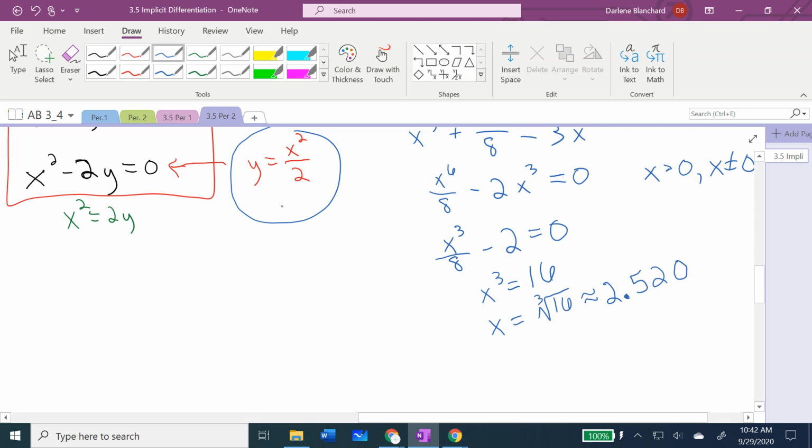And with that, then plug it in over here. And what do I get for y in decimals? 3.176. All right. Now I'm going to type that point in to Desmos.